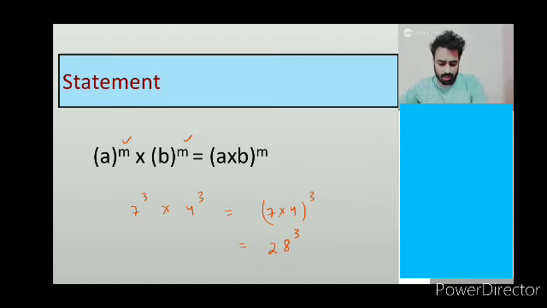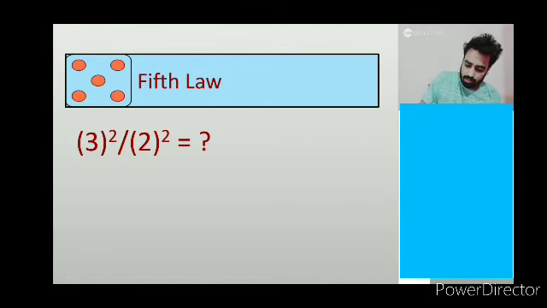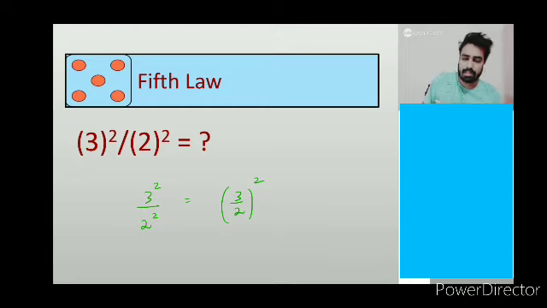In division also it is the same. Let's cover the fifth law here itself. Suppose I have 3 power 2 divided by 2 power 2. Powers are same but they are in division, so you can directly divide first with same power.